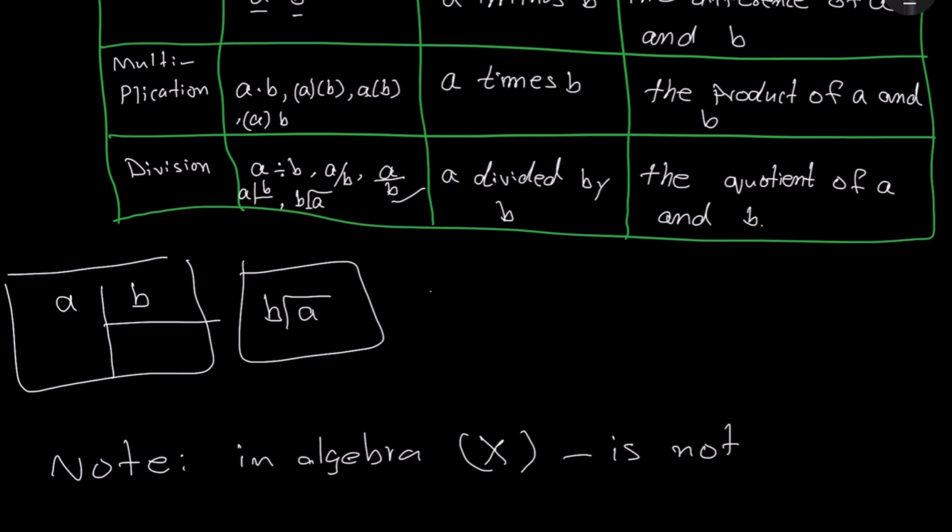So we will instead use a dot or parentheses. These are the symbols, or signs, of multiplication.